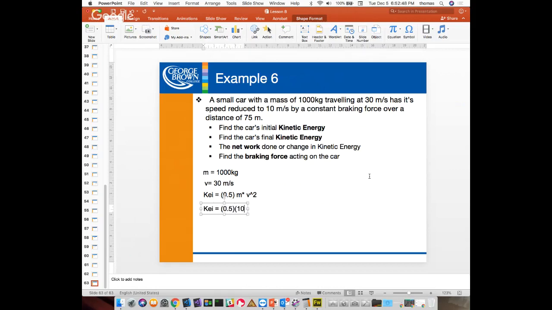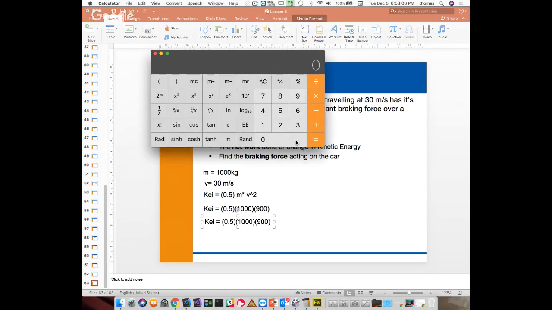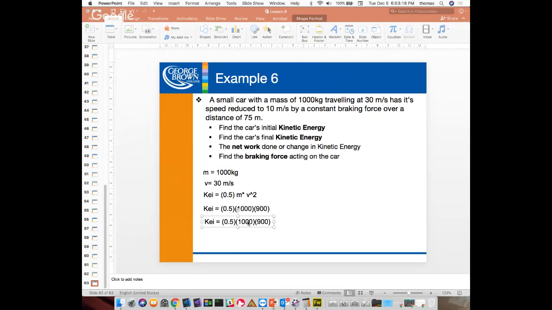So we can figure out that it's 0.5 times the mass of the car, subbing in, times speed squared. 30 times 30 is 900. And we get the initial kinetic energy, which is 0.5 times 1,000 times 900, in joules.